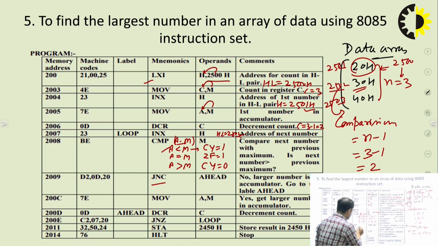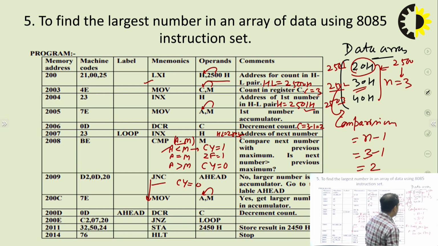The true condition is if the carry is 0, but this is the case when the carry is 1. Then what will happen? It will come to this one: MOV A, M. The content of M will be stored into the accumulator. The content of M was 30, so at this time the accumulator will be replaced by 30.